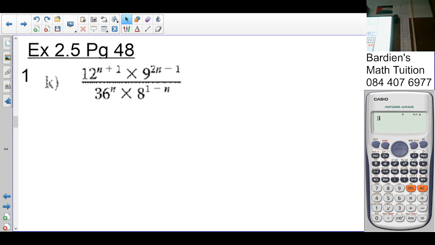So 12 can be written as, first, shift factorize, 2 squared times 3. 9 can be written as 3 squared. You just go through the same notion there. 36 is 2 squared times 3 squared. And then 8 is 2 cubed.